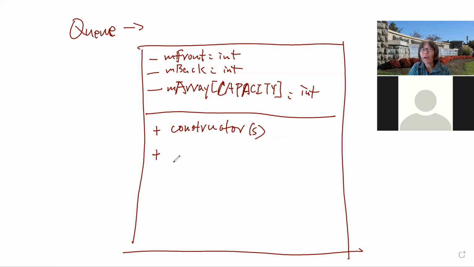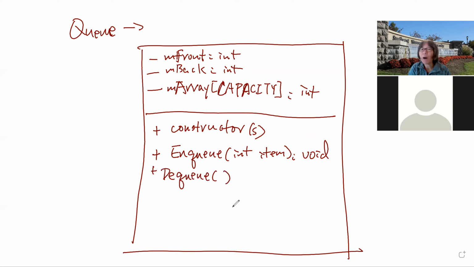And we also care about the in-queue operation. With in-queue, you're going to add some item, so it needs a parameter, and the return type should be void in this case. And we also discuss the DQ, which is just like a pop. It doesn't involve any item to plug in, so the parameter list should be empty.